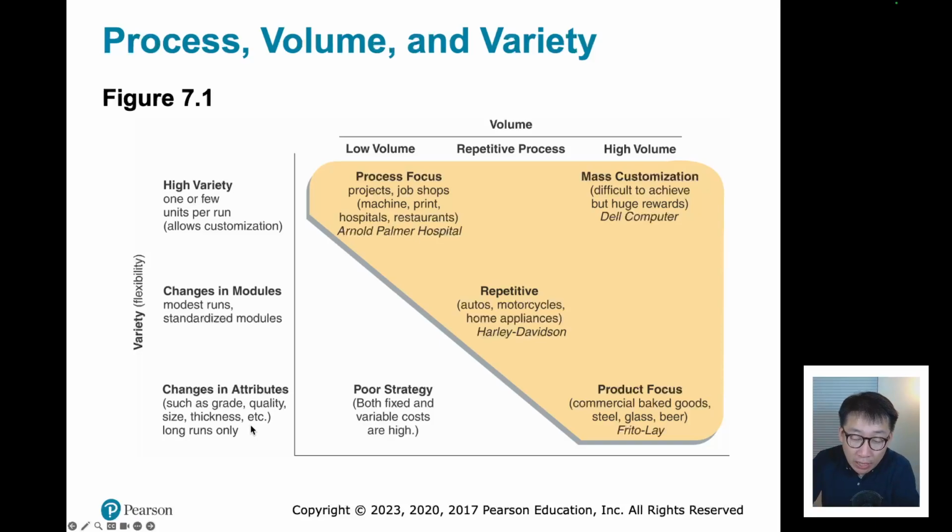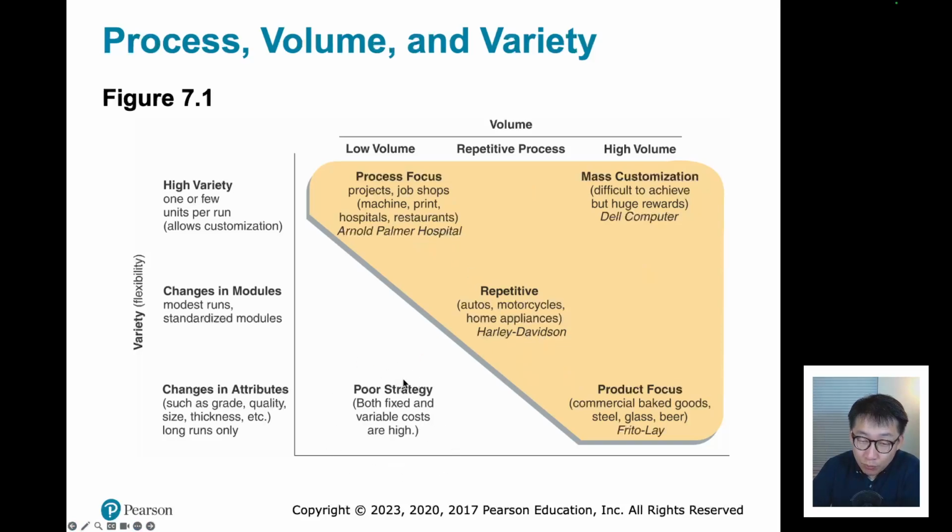So those are 2 dimensions, right? The volume requirements and the customization or variety needs or expectations. So based on those 2 dimensions, we can actually devise 1, 2, 3, 4 different process designs.